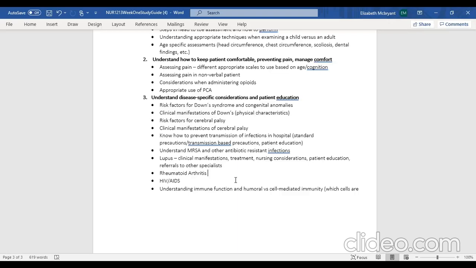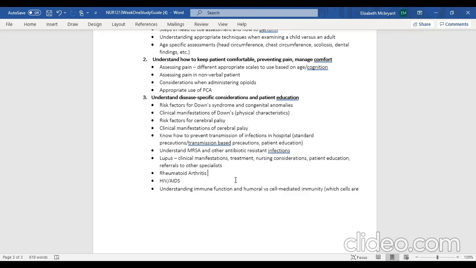For rheumatoid arthritis, a rheumatologist deals with autoimmune disease, so they will be referred to rheumatology, but they may also be referred to PT or OT. So those are referrals. Just in ATI, it does discuss that.